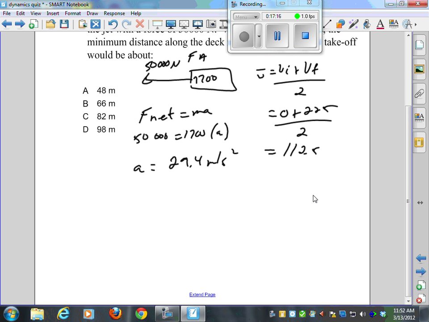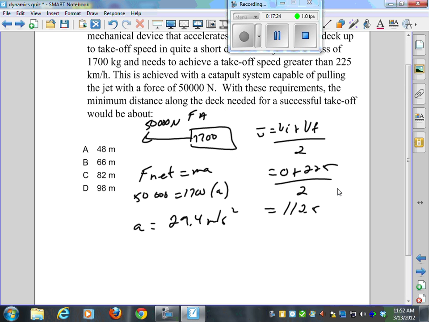Oh, I can get my time with my A and my delta V, right? Oh, I'm glad Riley's here. 225. He's saying take 225 divided by 3.6. Do that for us, Jerry. Okay, so 31.25, divide that one by 2.